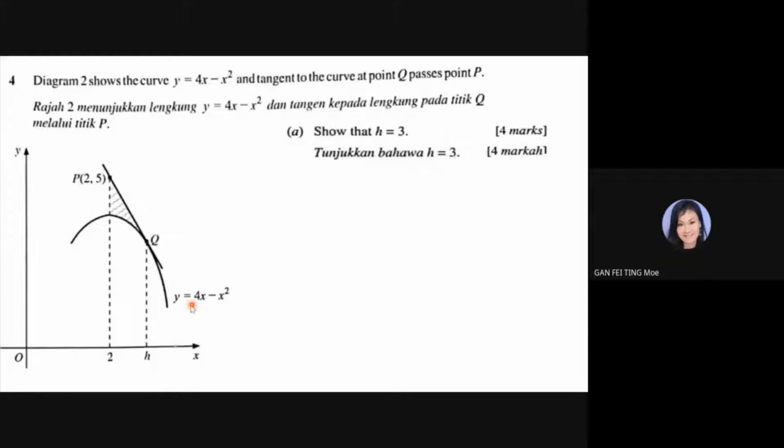Now you have to think what method or under which topic that I learned relates this curve to the tangent. What topic is that? In this question, I see tangent, but this is not the trigo tangent because I don't see a right-angled triangle. So there is nothing mentioned about the topic.